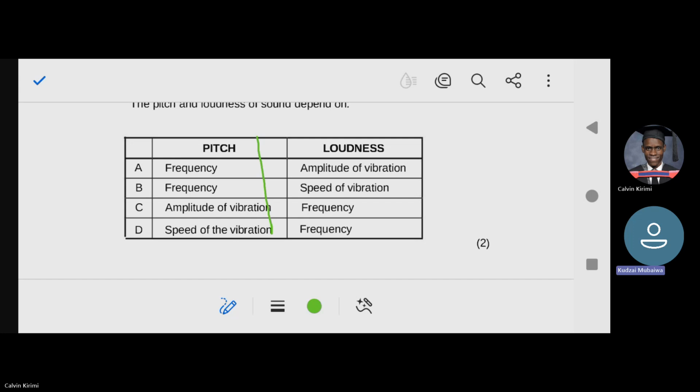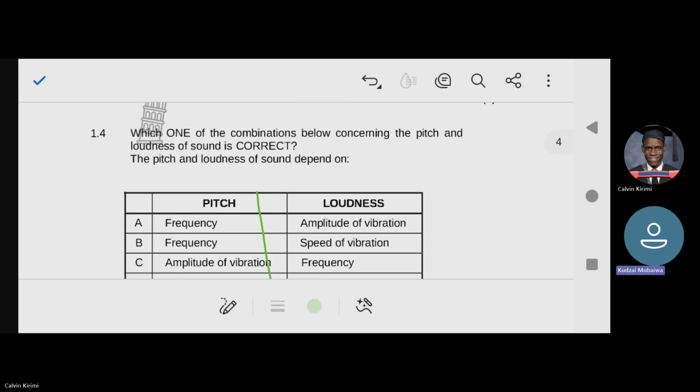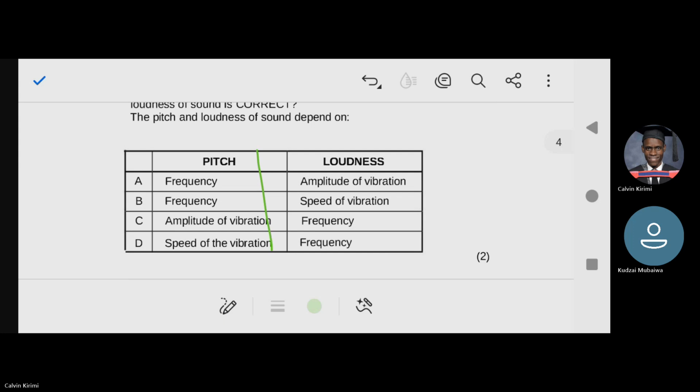Pitch is the amplitude of vibration. Is that correct from our definition? Pitch, does it not have a relationship with frequency? And loudness, is it not the amplitude of vibration?